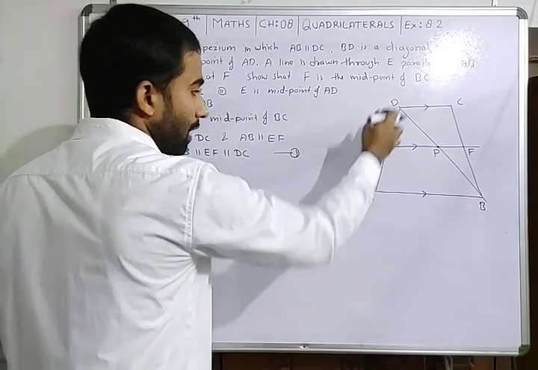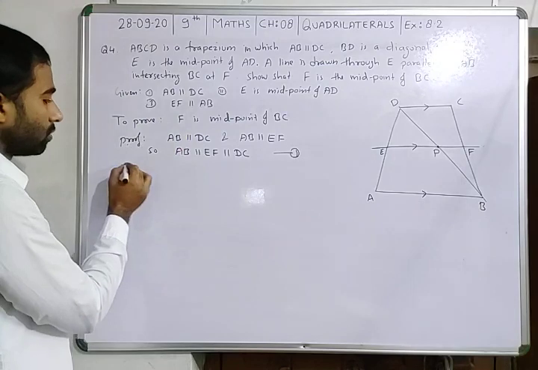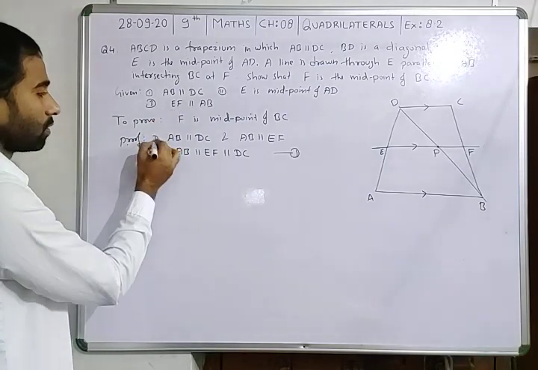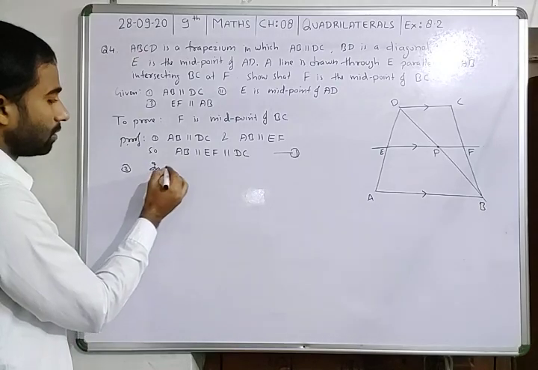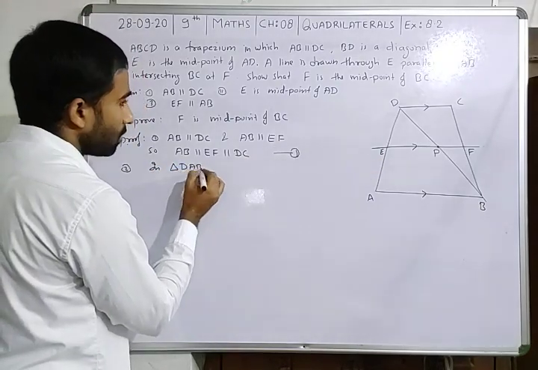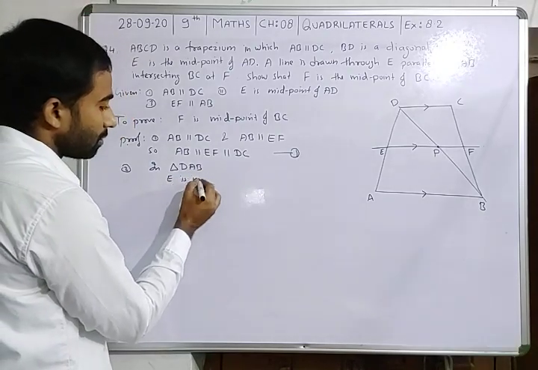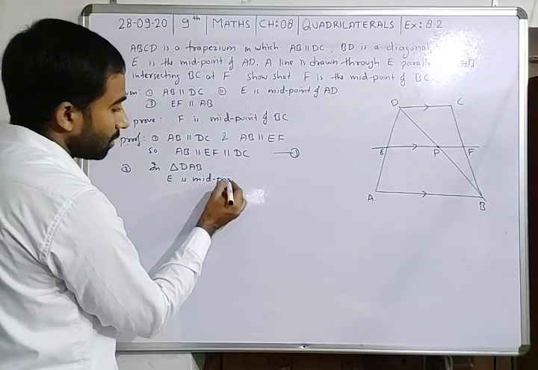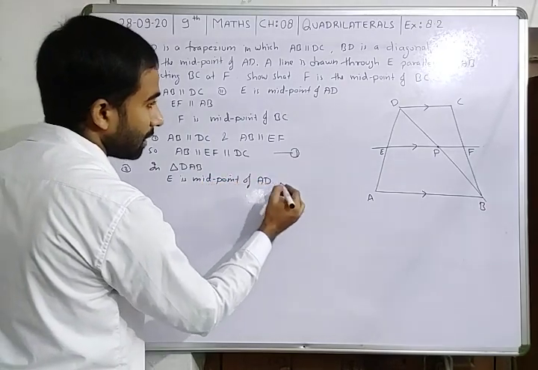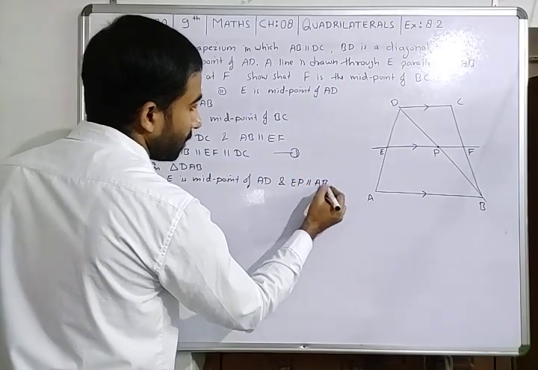Now let's talk about triangle DAB. This is the first point. Second point, in triangle DAB, E is the midpoint of AD and EP is parallel to AB.